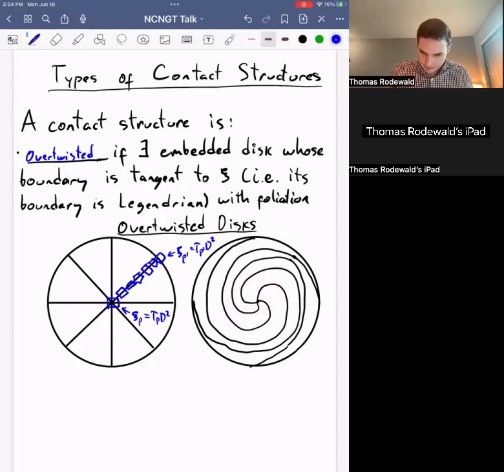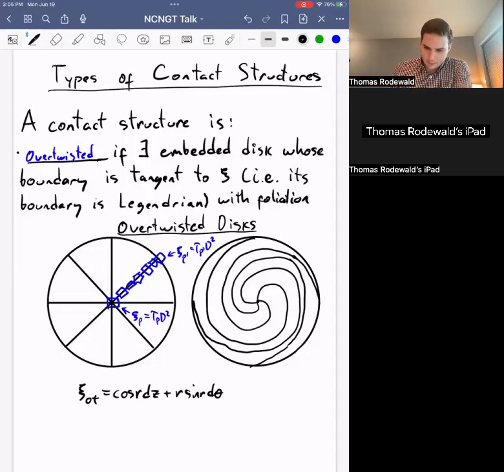So this contact structure, which we usually denote OT, is the kernel of cos r dz plus r sin r d theta. So that's the overtwisted contact structure.